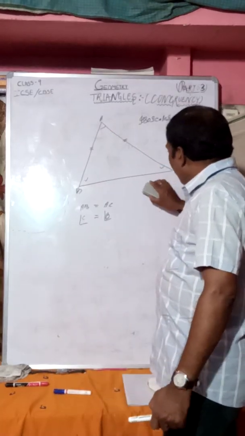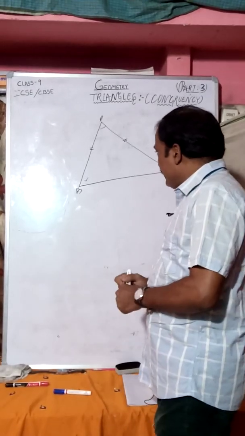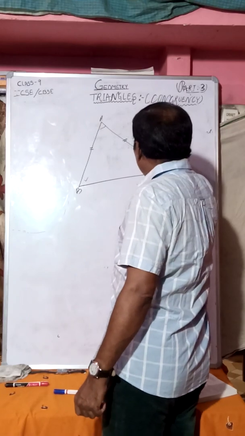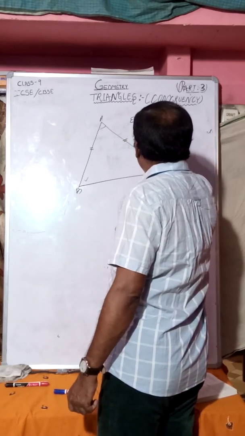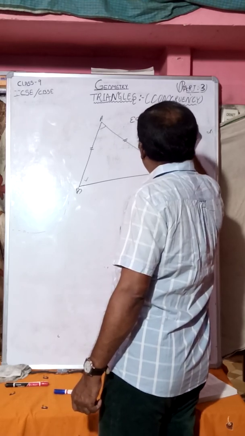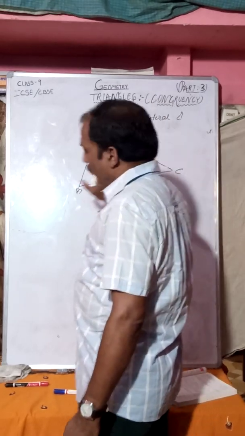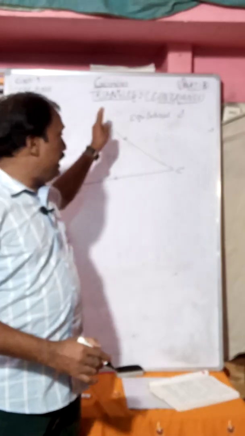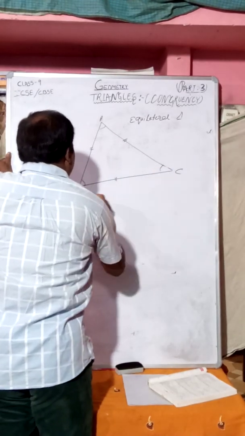And then suppose this is an equilateral triangle. Equilateral triangle, all sides equal. If a triangle has all sides equal, then all angles are equal.